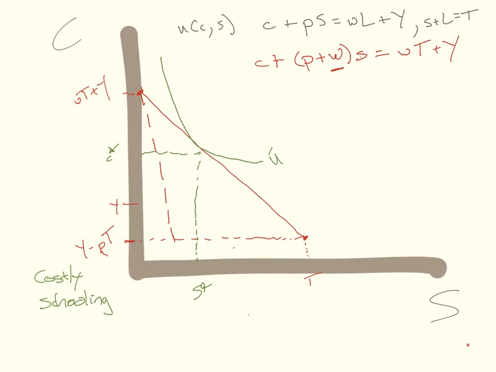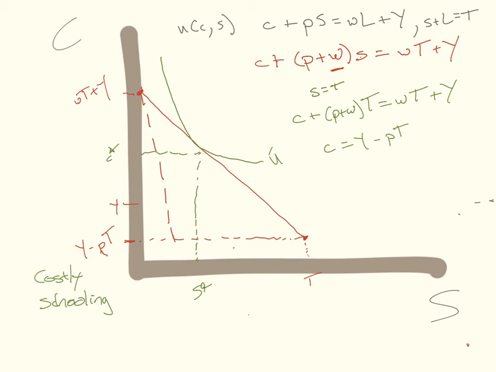To make this really simple, let's just write it out. So suppose that S is equal to T. So I'm just trying to find out what this bottom intercept down here is going to be. So if S is equal to T, then my consumption is C plus P times T plus W times T equals WT plus Y. Rearranging that, the WTs cancel, so we wind up with C is equal to Y minus PT.